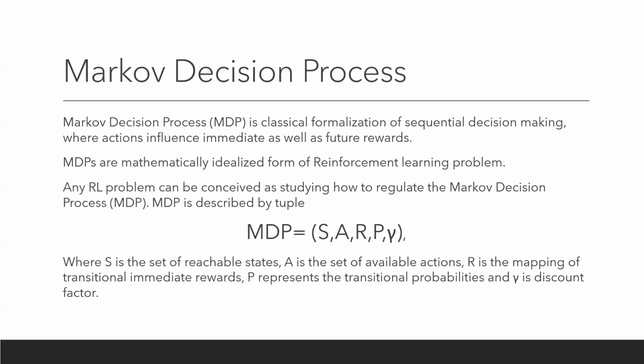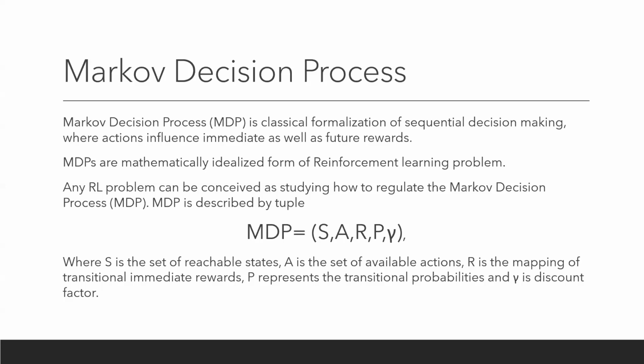In this way, sometimes when the action is performed, we don't have a deterministic next state, which I will talk about in the next slide. And finally, what we're interested in is gamma, which represents the discount factor.